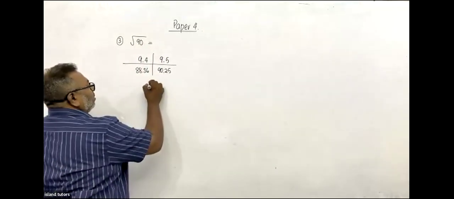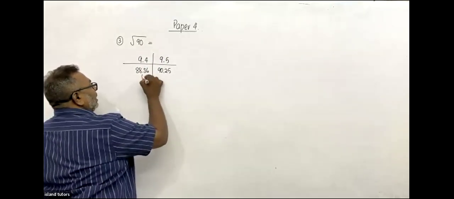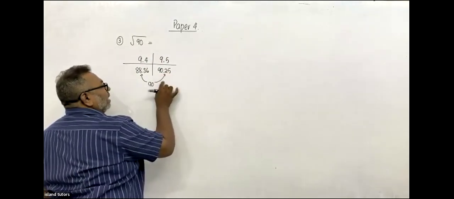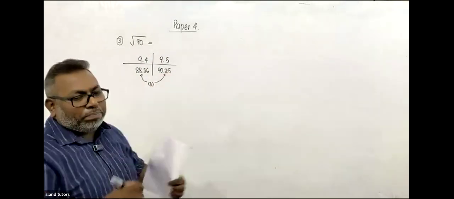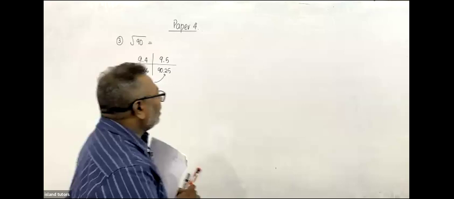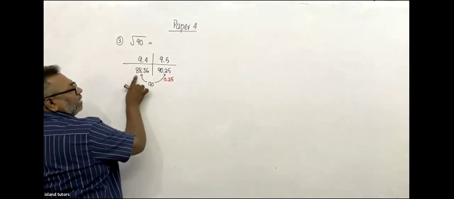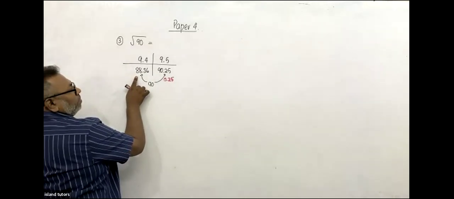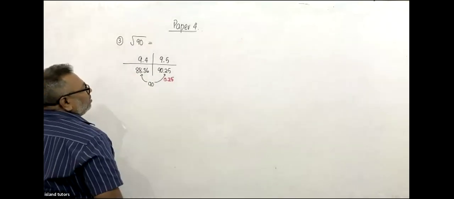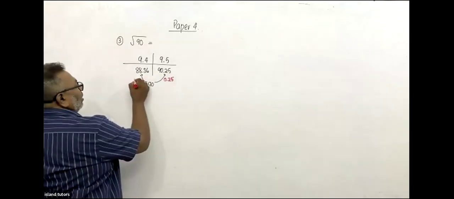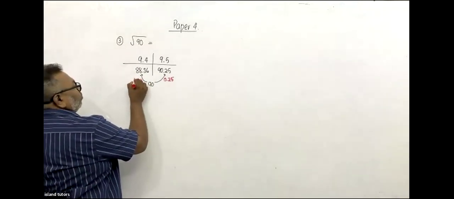So we want to see, between 90 and 88.36, and between 90 and 90.25, what is the gap? Here it's 0.25. Here it's going to be 1.64.